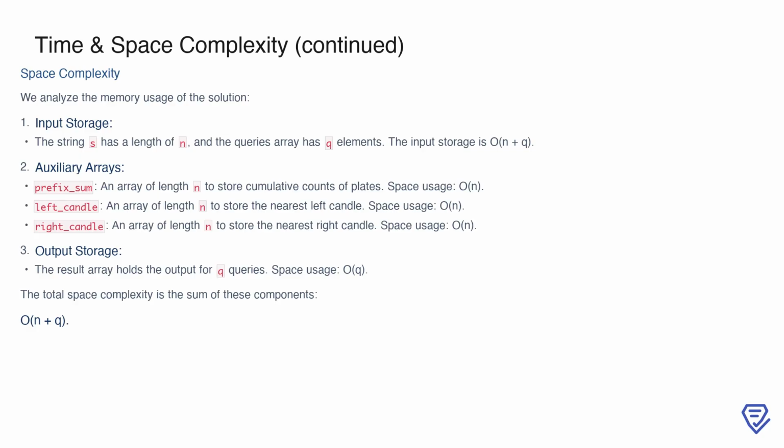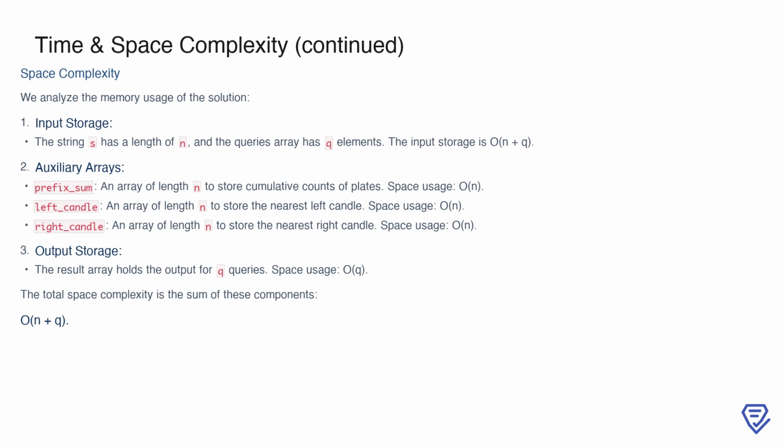Let's now evaluate the space complexity of the solution. First, we consider the input storage. The string S has a length of n, and the queries array contains Q elements, so the input storage requires O(n + Q) space. Next, we have the auxiliary arrays. The prefix_sum array, used to store cumulative plate counts, has a length of n, so it requires O(n) space.